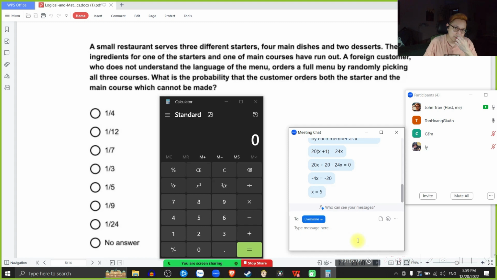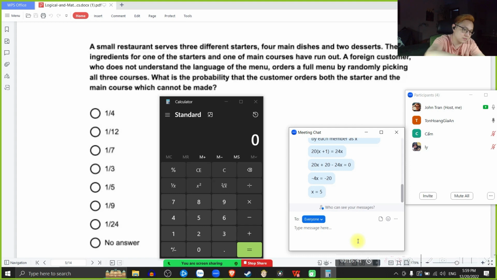The ingredients for one of the starters and one of the main courses have run out. A foreign customer who does not understand the language of the menu orders a full menu by randomly picking all 3 courses.